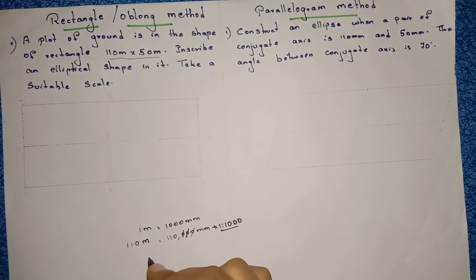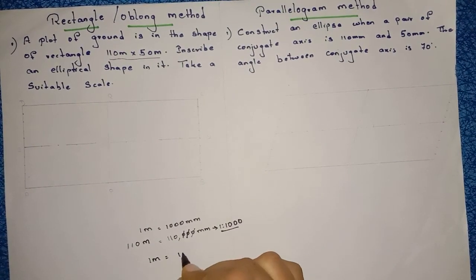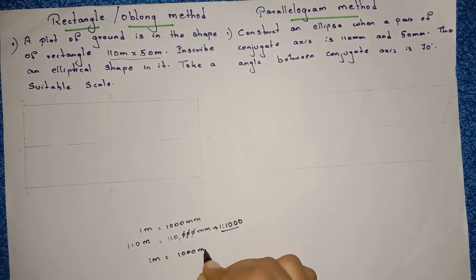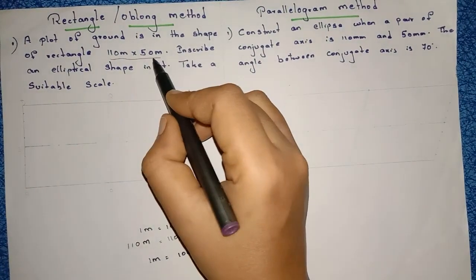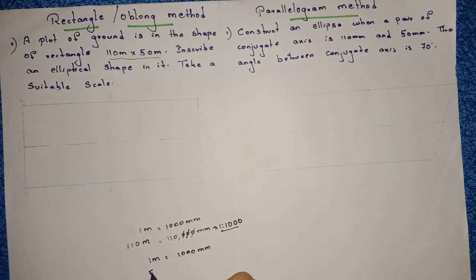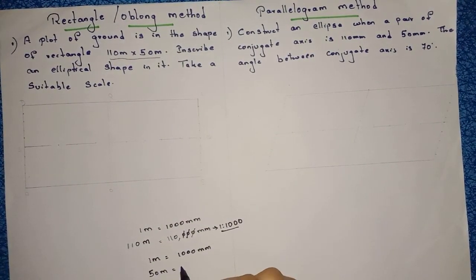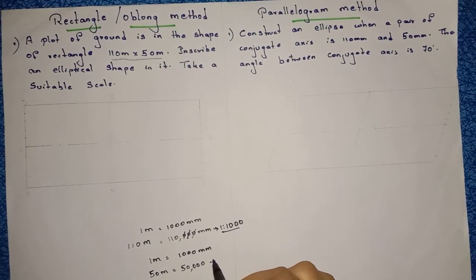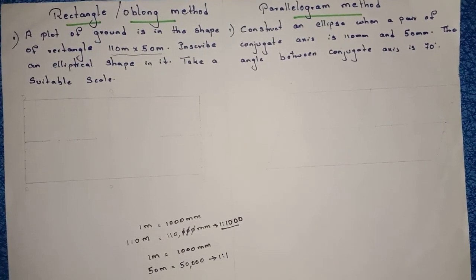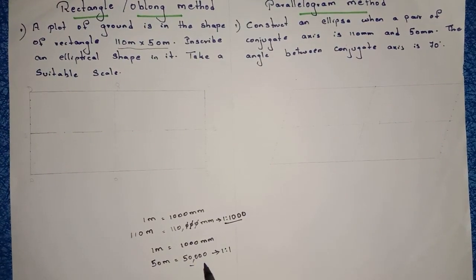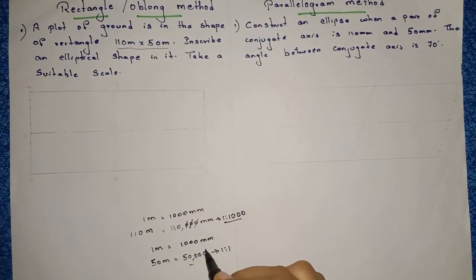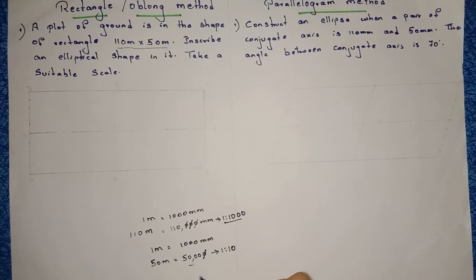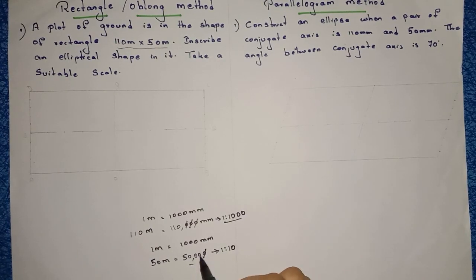Similarly for 50 meters: 1 meter equals 1000 millimeters, so 50 meters equals 50 into 1000 millimeters. The scale is 1:1, full scale. Can you draw this length? No. Cancel one 0. Can you draw 5000?